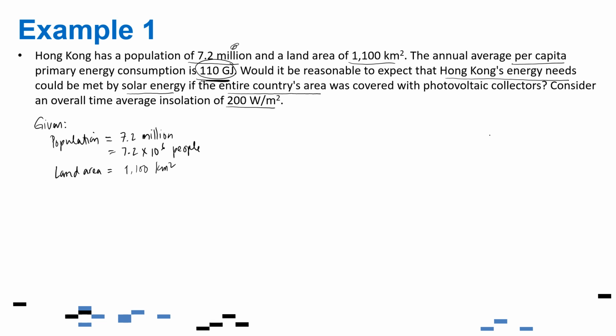So we can say that the energy consumption per person is equal to 110 gigajoules. And also we are given insolation, or the irradiance in this case, which is 200 watts per square meter.